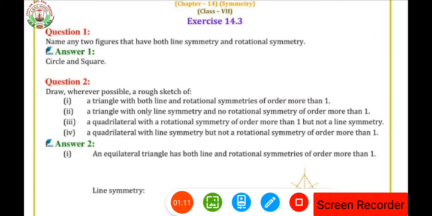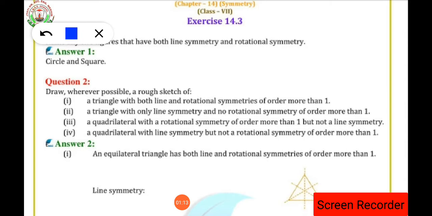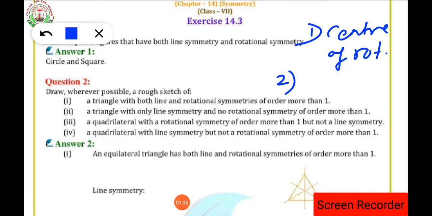Let me explain the rotation conditions. Mainly, rotational symmetry depends on 3 to 4 conditions that I had already explained in the starting of this chapter, when I was explaining the definitions. The first condition is the center of rotation. The second condition is the angle of rotation.